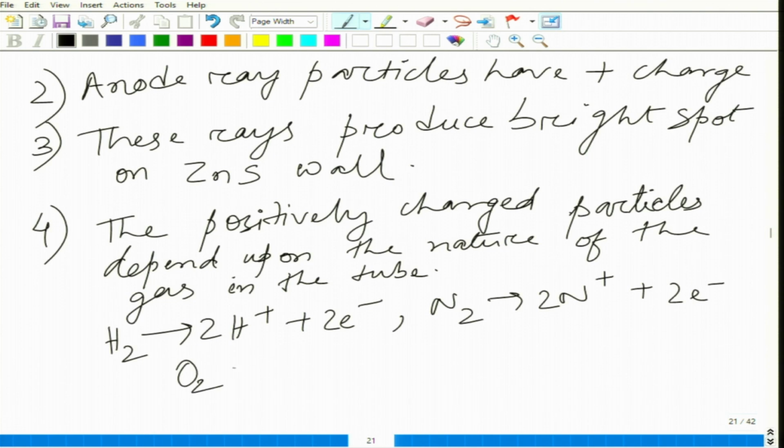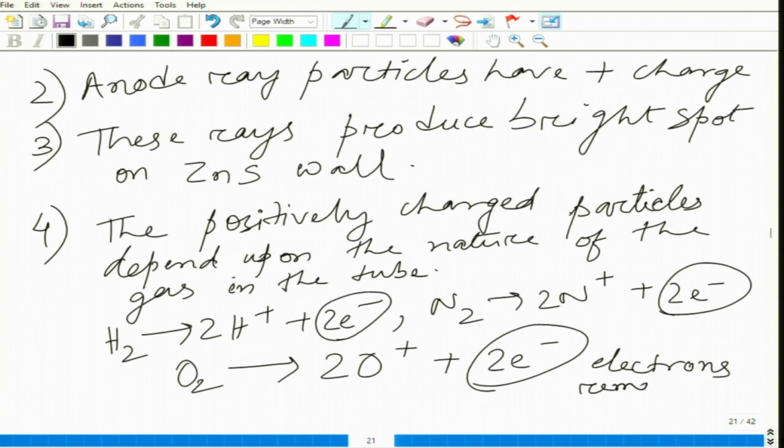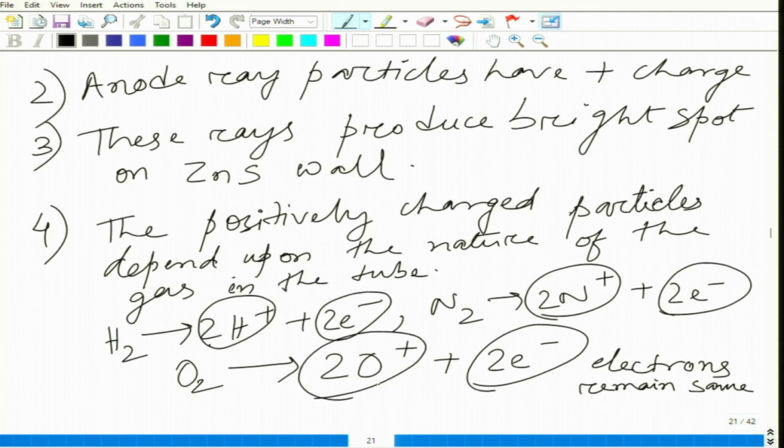For oxygen, it will have 2O plus and 2 electrons. So what happened? These electrons are similar for all gases. So electrons remain same. But these positive particles were different for different gases.